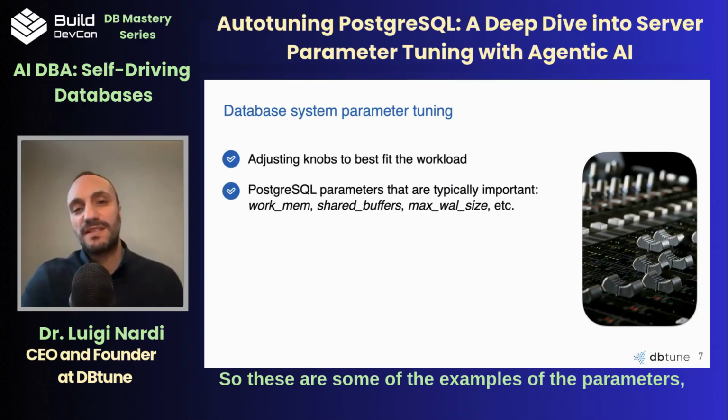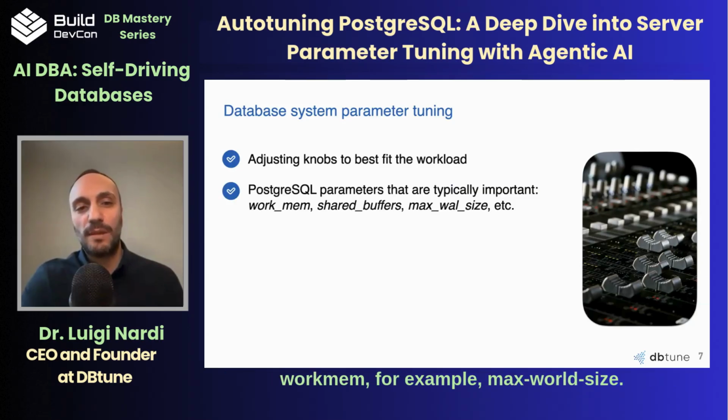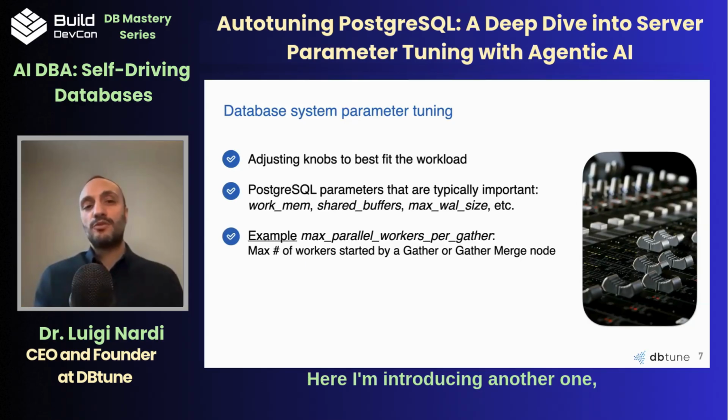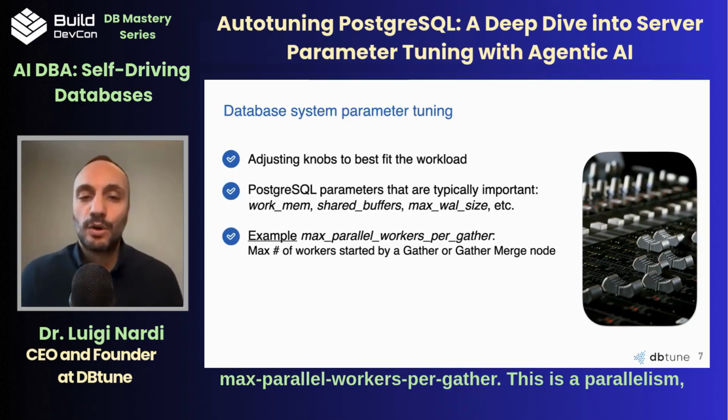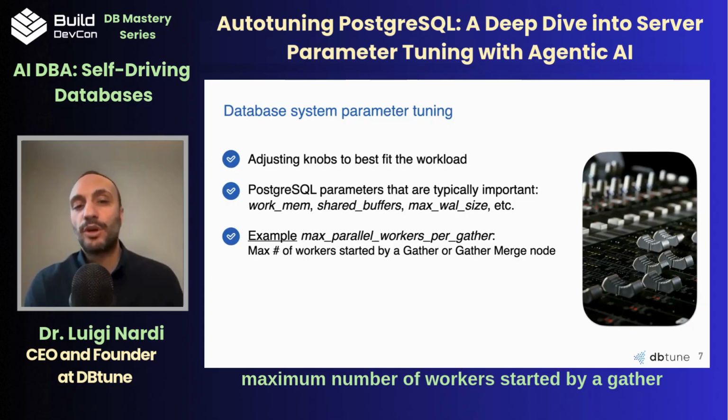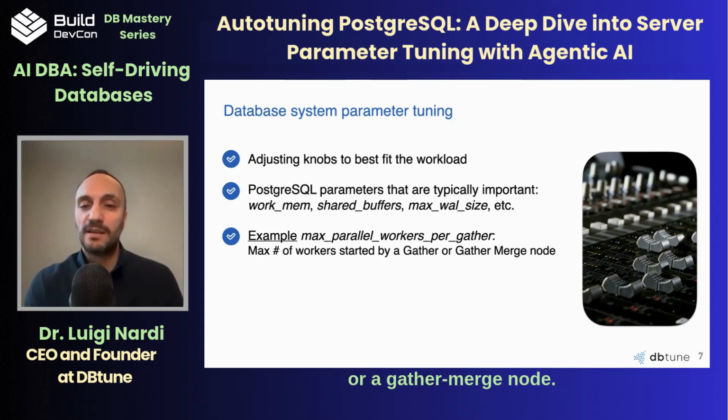So these are some of the examples of the parameters, work_mem, for example, max_wal_size. These are all parameters that are important for Postgres. Here I'm introducing another one, max_parallel_workers_per_gather. This is a parallelism parameter, and it gives you the maximum number of workers started by a gather or a gather merge node.